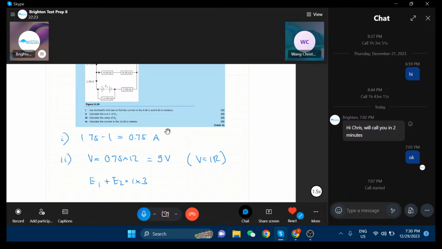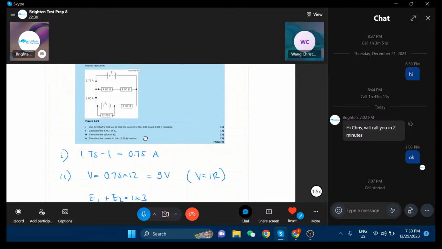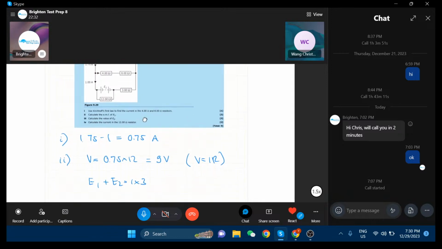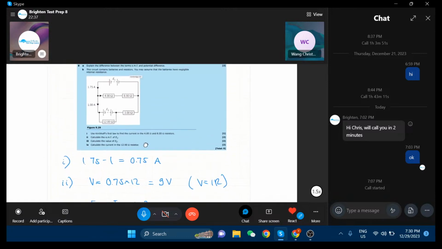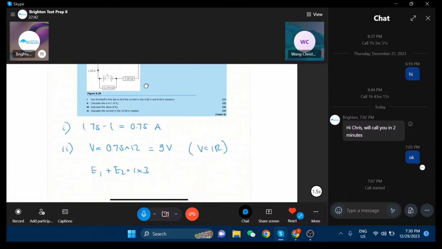So we have E1 at 9 volt. So what are the values? Oh, we are looking for E2, right? E2 is just -6.